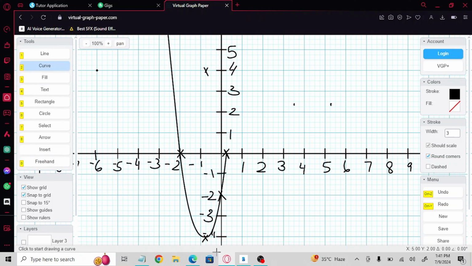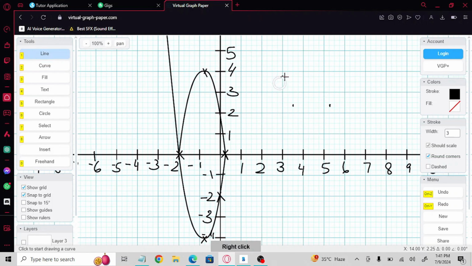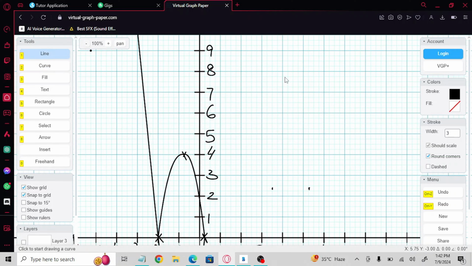So again, I'm going to use the curve tool, connect these points up, something like this. And this is it. And this is the graph for the other point.